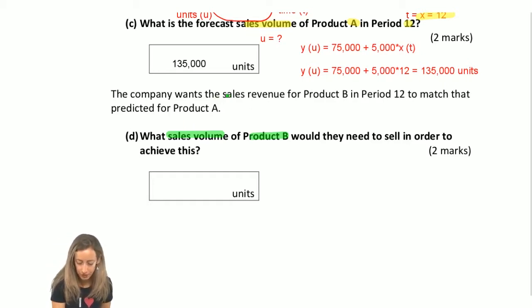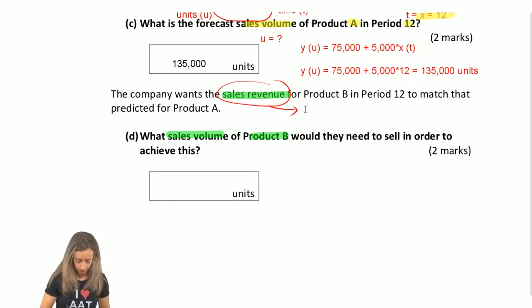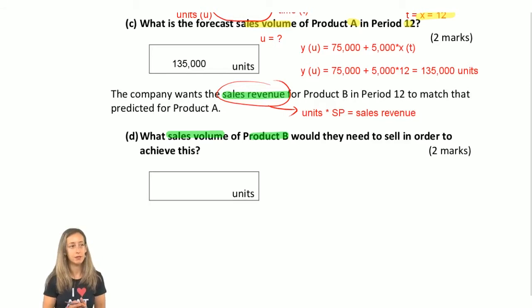I'm going to use green, by the way, because we're talking about product B. To calculate sales revenue, we just take the number of units and multiply the number of units by their selling price. That's how we get the sales revenue. That is the simplest possible idea on earth.